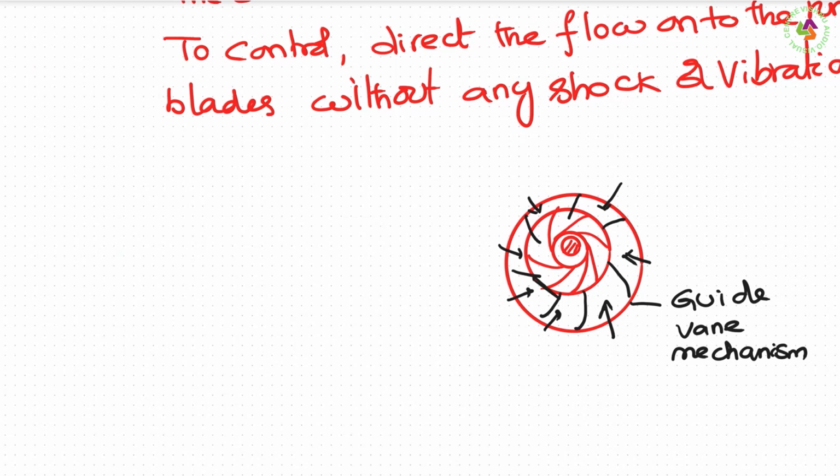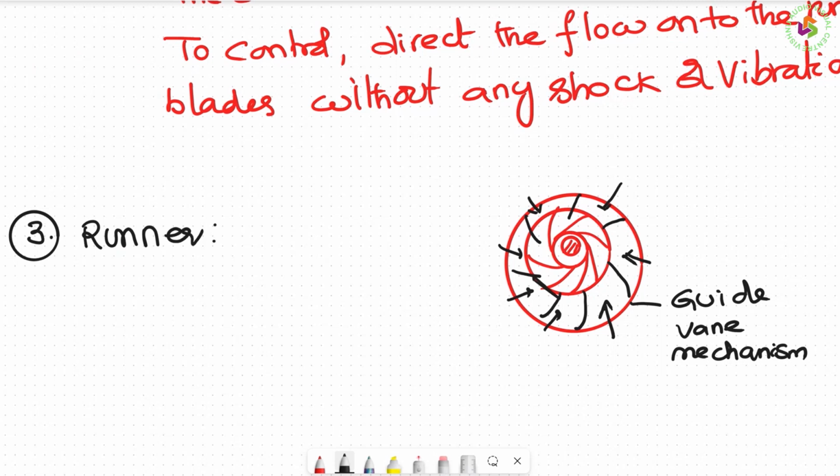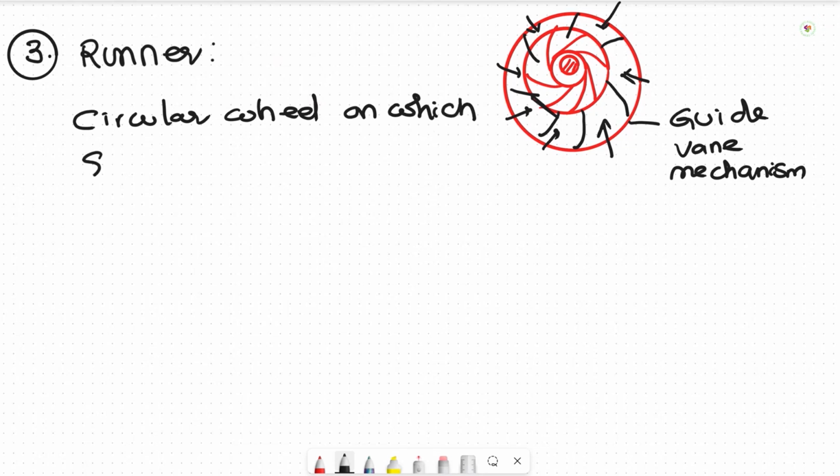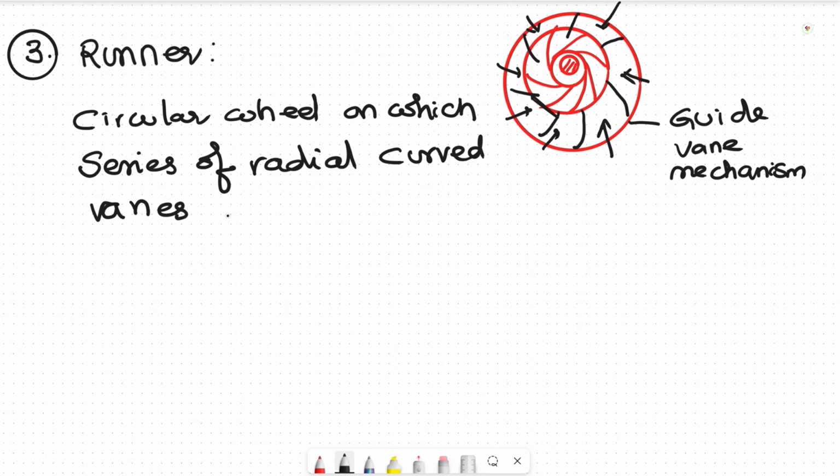So the purpose I also mentioned. This is the second thing. So what is the third thing for us? The third part is the runner. The runner is a circular wheel on which a series of radial curved vanes are fixed.